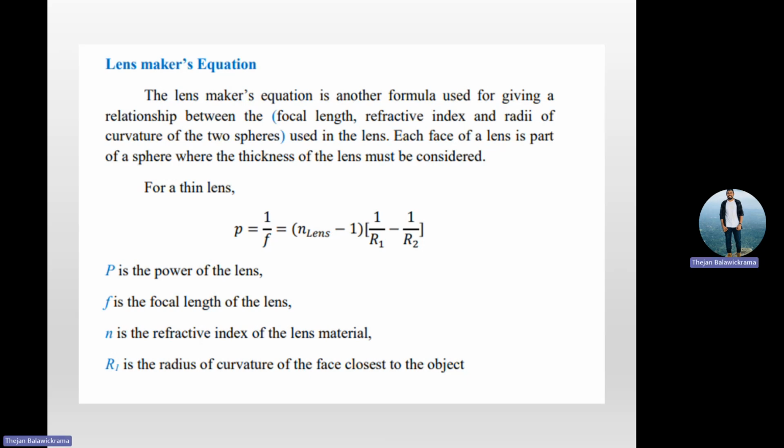I will not give the equation, so you have to memorize. For a thin lens, P is the power of the lens, not the focal length. Lens maker: power is equal to 1 over f. So 1 over f is equal to n of the lens, that means refractive index of the lens, minus 1, times 1 over R1 minus 1 over R2.